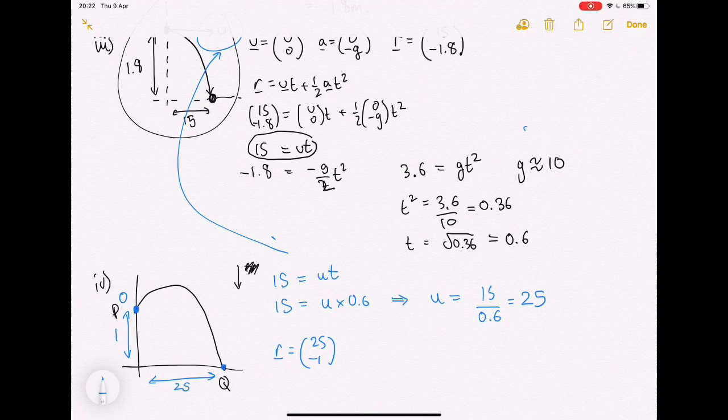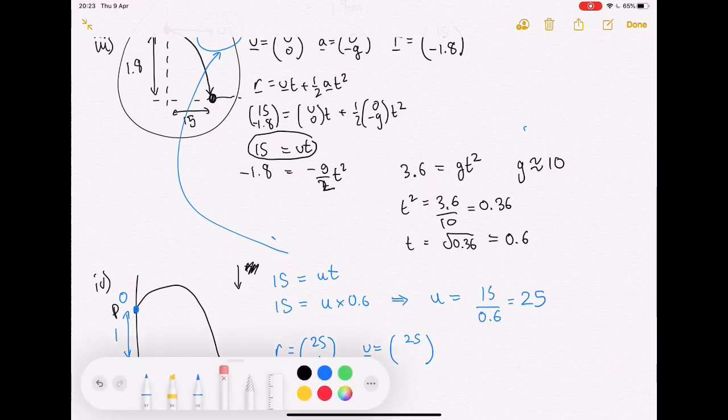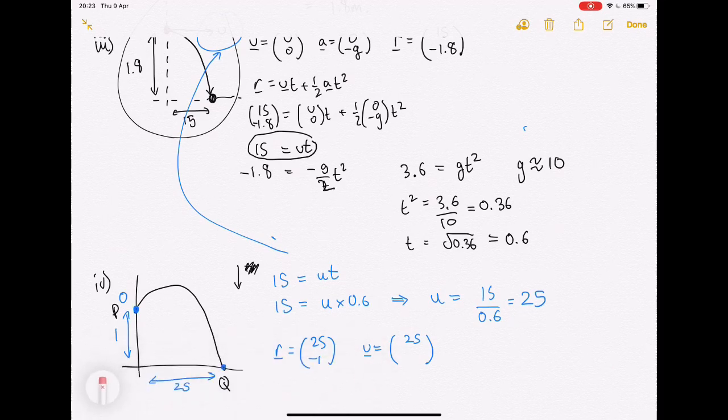And what do we also know? Well, we know that u is 25, but we don't actually know the vertical component of velocity, so let's just call that v.